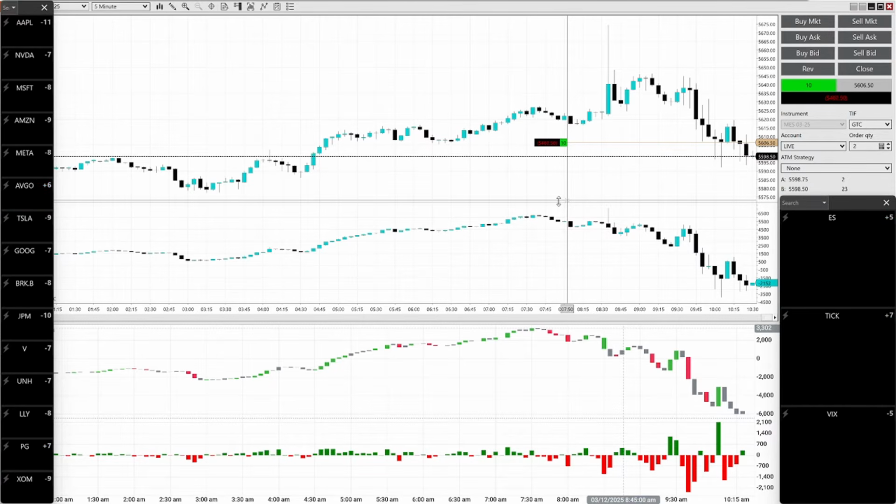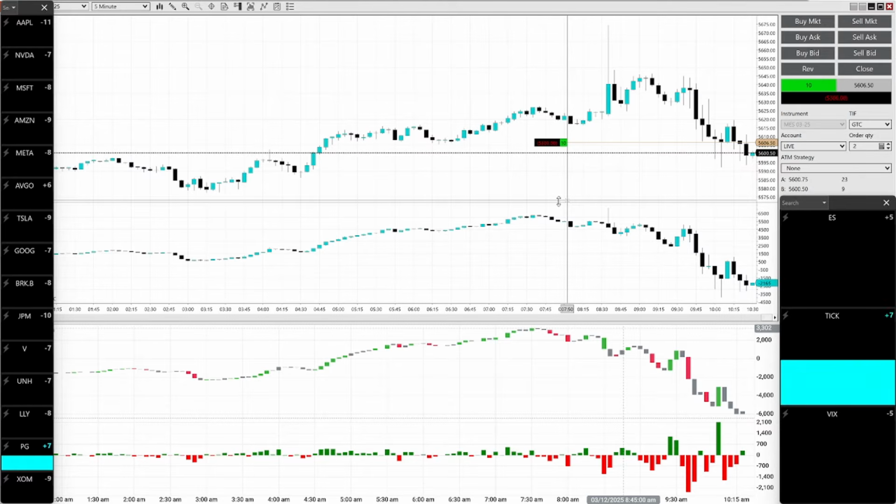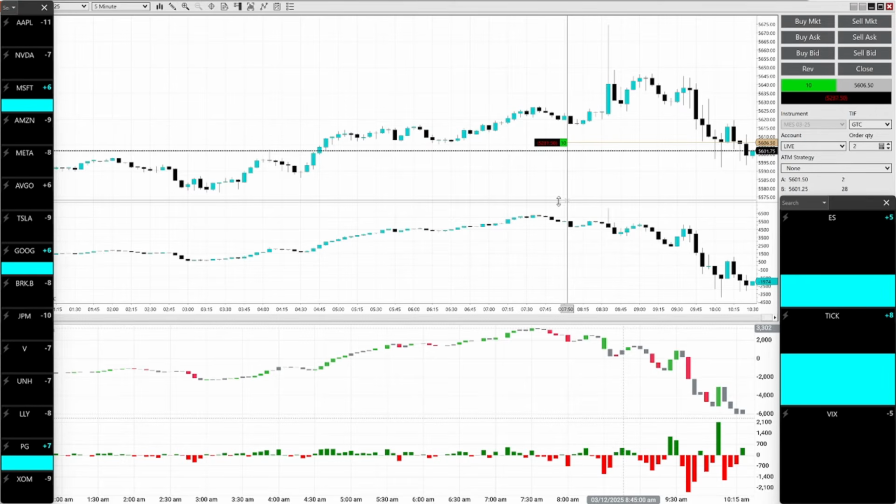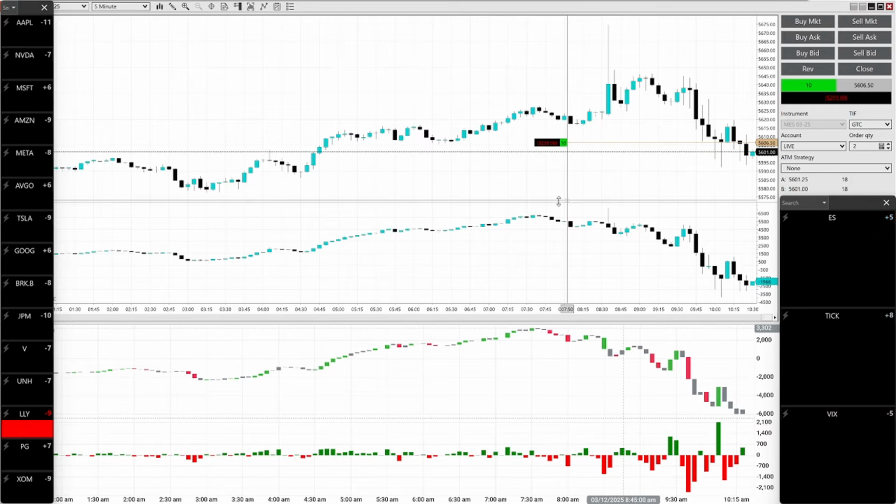All right, I'm liking this a little bit. This is our first real buying stepping in. You can see on the cumulative delta. So that made me happy.